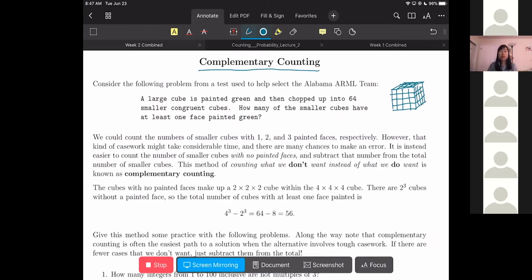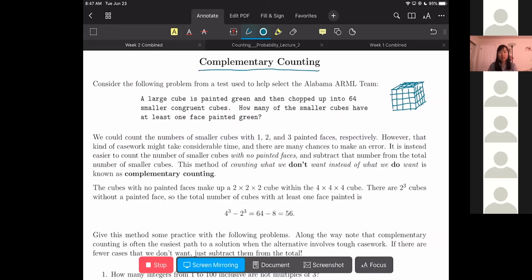One way we could count this is using a technique that we learned last week called casework. We could count the number of smaller cubes with 1, 2, and 3 painted faces. But that's actually a lot of cases, and maybe there's some chance that we make an error when we're counting.